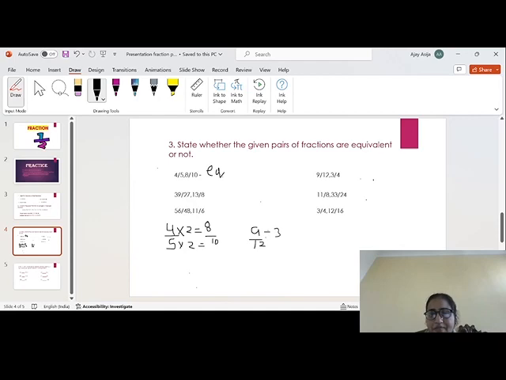That number will be 3. 9 when divided by 3, we will get 3. 12 when divided by 3, we will get 4. As we have told in the first part, the same operation we have to do in the numerator and denominator. So 9 by 12 and 3 by 4 are equivalent.